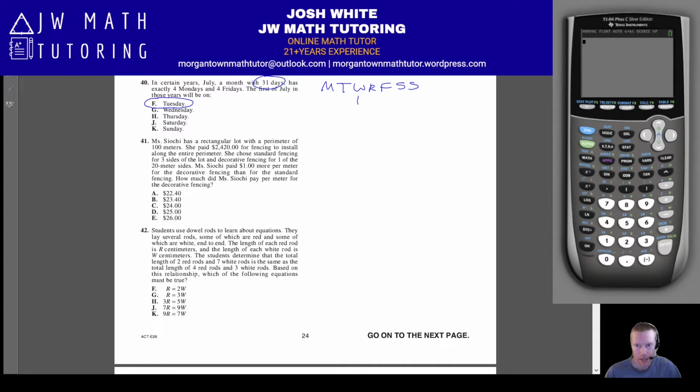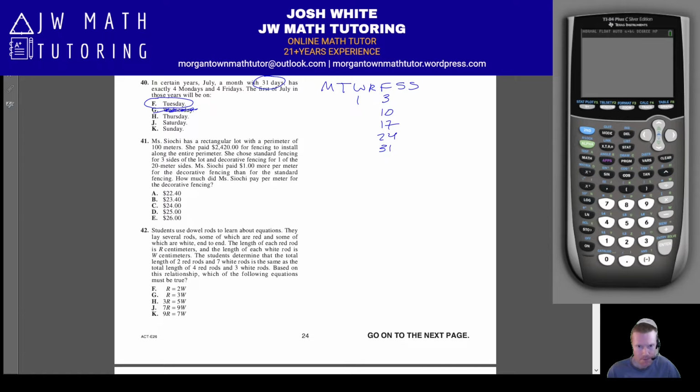Previously Friday was the 4th, but now it would turn out to be the 3rd. Then we would have the 10th, the 17th, the 24th, and notice what happens now. When you add 7 days, you get 31, which is an acceptable day in July because there are 31 days. So for this answer, you would not have only 4 Fridays, you would have 5 Fridays, so that's why it's eliminated.